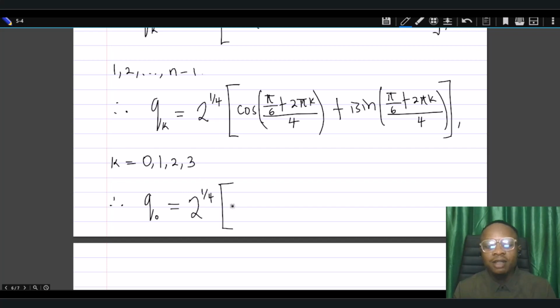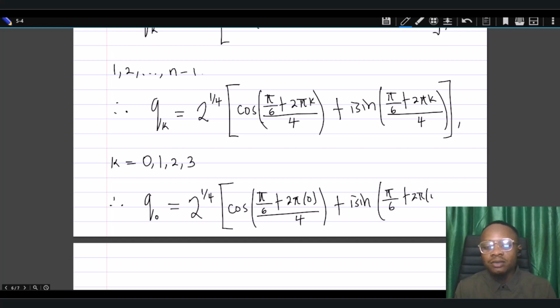Then we have the cosine of pi over 6 plus 2 pi into 0, then everything here divided by 4. Then we have plus i multiplying the sine of pi over 6 plus 2 pi into 0, then everything here divided by 4.